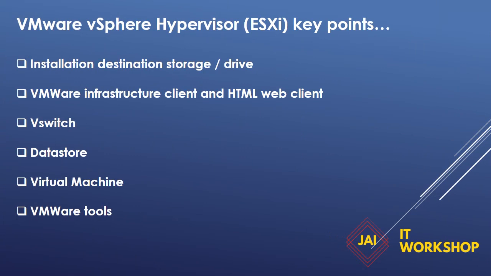VMware vSphere Hypervisor, key points. The very important thing is the installation destination storage. When you install an operating system, you need some storage, or you call it a hard drive, where you can install it. The best part of ESXi is you can install ESXi on a 32 GB SD flash card, or a 32 GB flash drive or pen drive, whatever you call it.